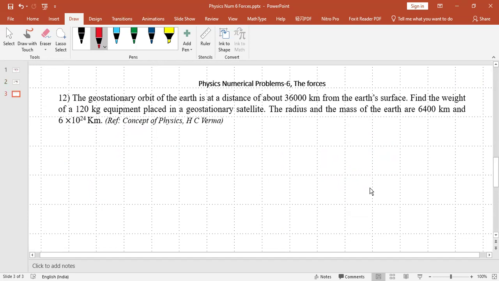The next problem says the geostationary orbit of the Earth is at a distance of about 36,000 kilometers.